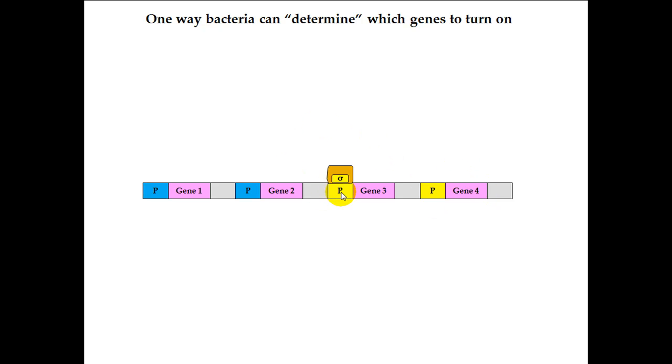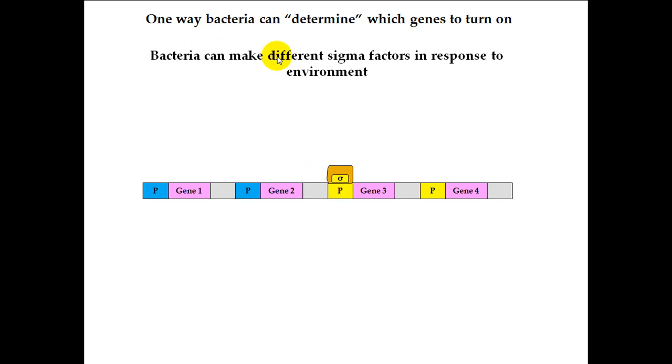All right, so by having different types of promoters and different types of corresponding sigma factors, a cell can turn genes on or off in different circumstances. Bacteria can make different sigma factors in response to the environment so that it can make the genes that'll best help it live in that particular type of environment.